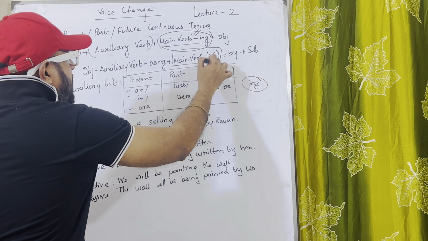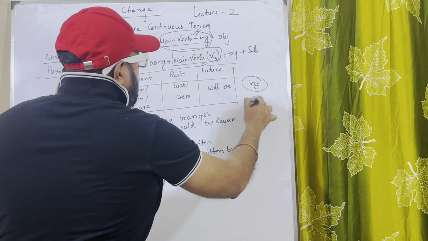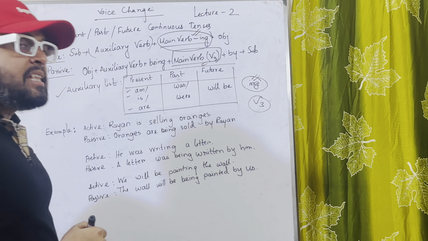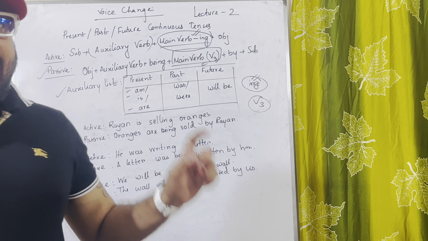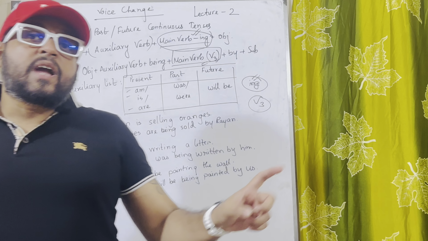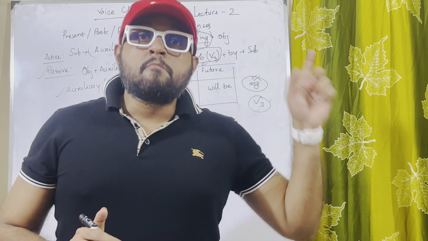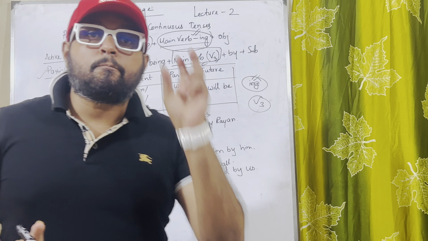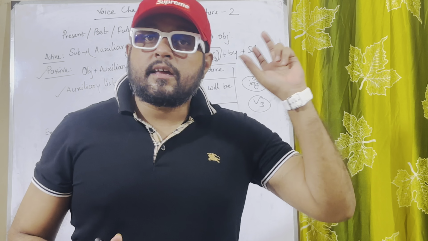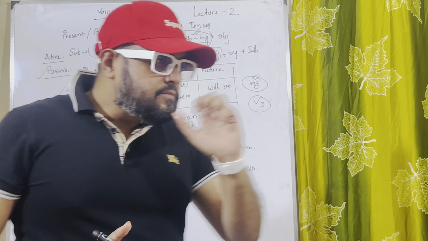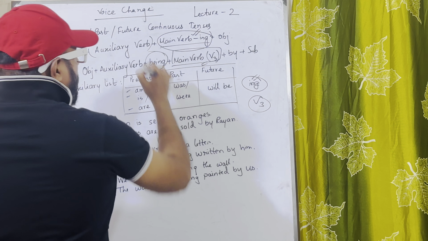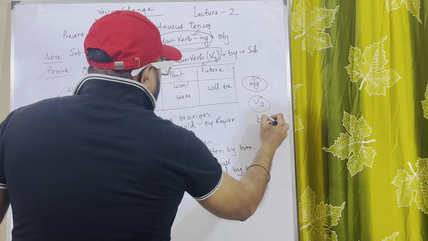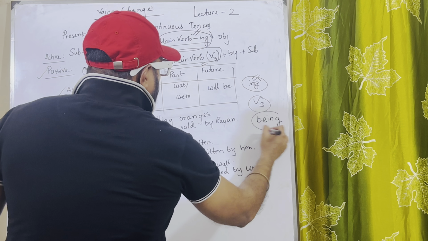But when we are using the V3 form, where should I use this ing pattern? You cannot eliminate this ing. That means you cannot leave this. You must use this ing part, but not with your main verb. In this case you will use a new form of the be verb with ing pattern: being.